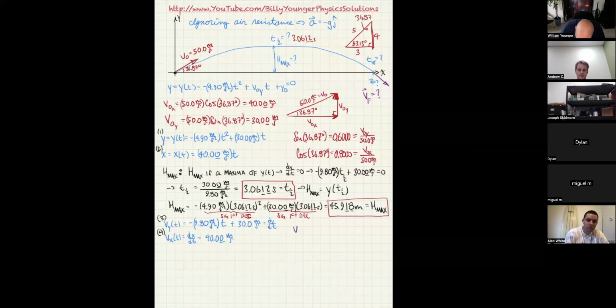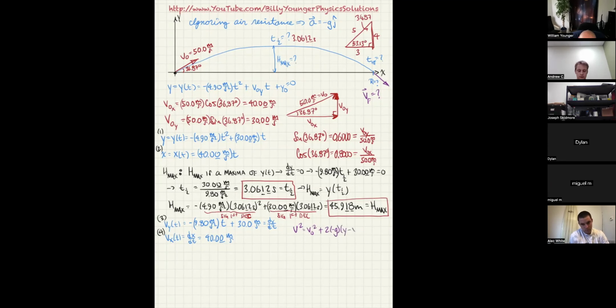V squared is equal to V0 squared plus 2 times, in this case, negative g times y minus y0. Of course, y0 is 0 because we already made it so, and a, of course, is negative g. And we're going to say that v is 0.